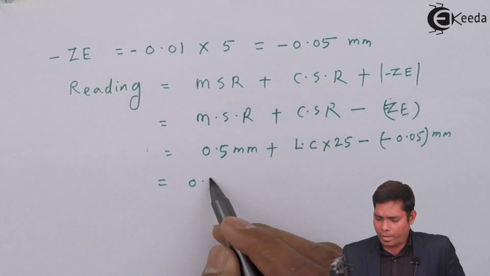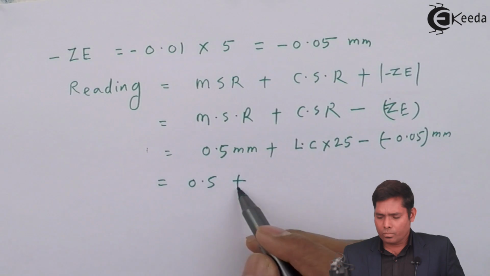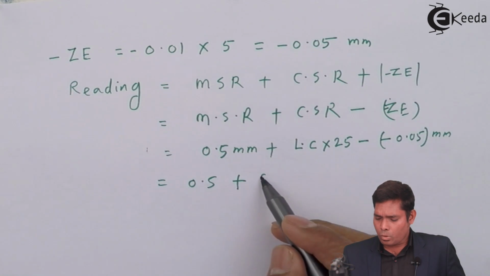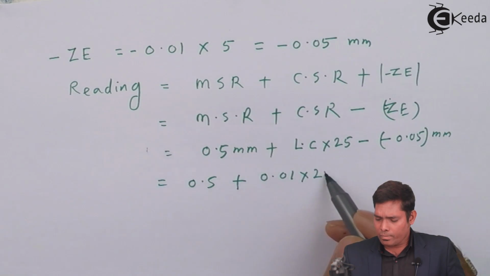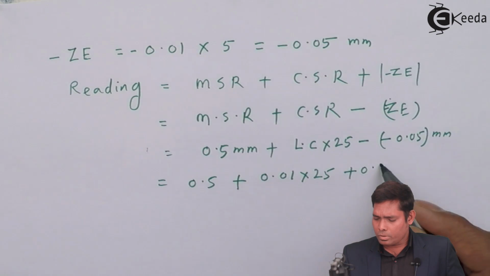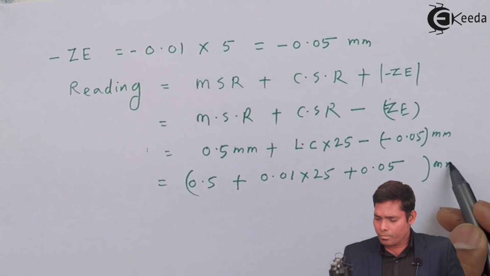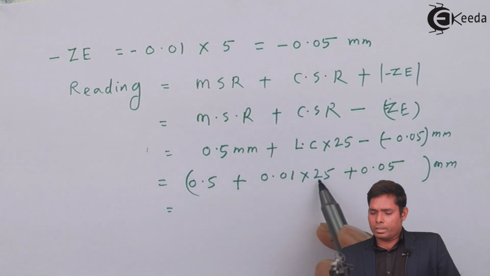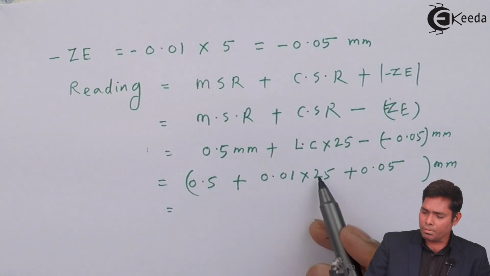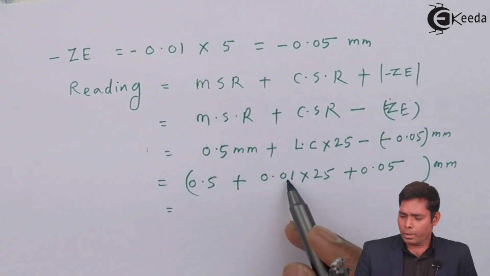All are in mm. So this is 0.5 plus 0.01 into 25 plus 0.05. Multiplying 0.01 with 25 gives 0.25.